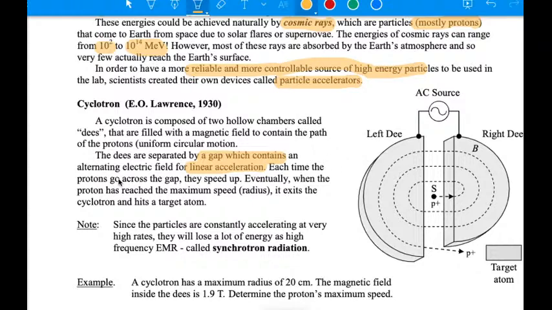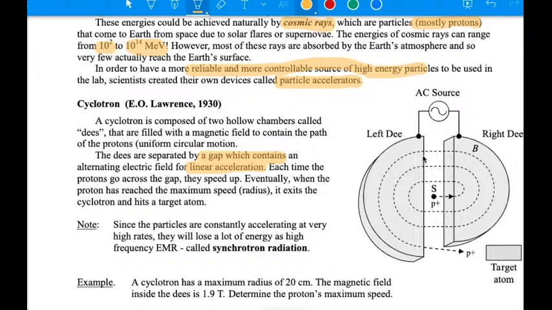Each time the proton goes across the gap, it's going to speed up. There's an acceleration, so it's obviously going to increase its velocity. Eventually, when the proton reaches the maximum speed, all the way out here at the radius, it exits the cyclotron and hits its target.